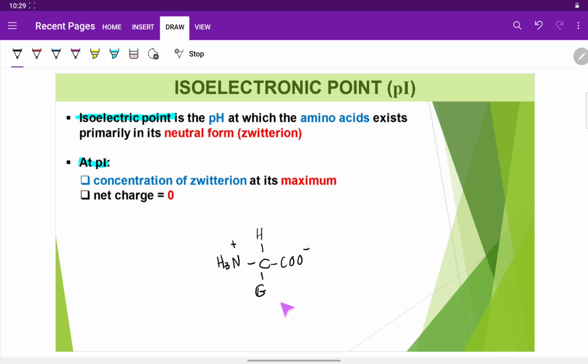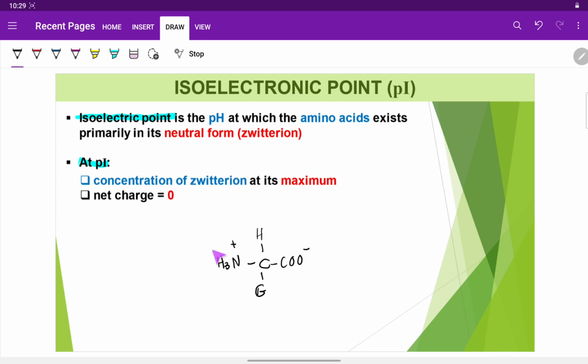So pada pH 8, your amino acid akan exist maximum as a zwitter ion. So apa yang akan berlaku pada pH lebih daripada 8 ataupun kurang daripada 8? Nanti kita akan tengok.